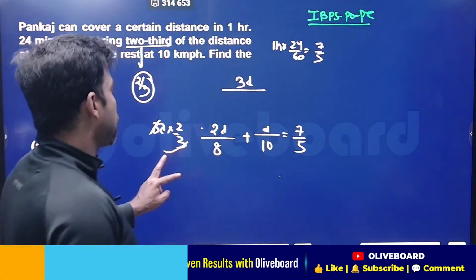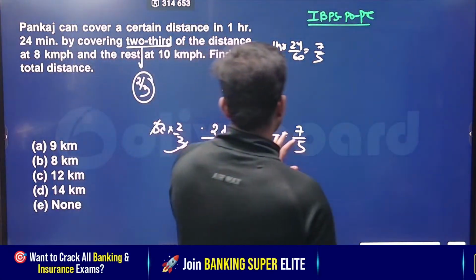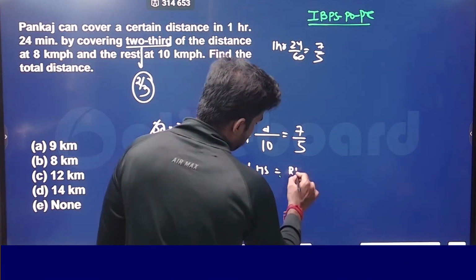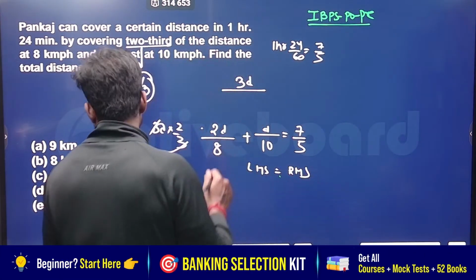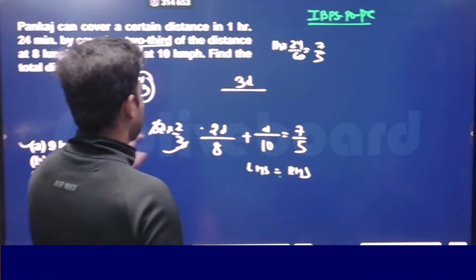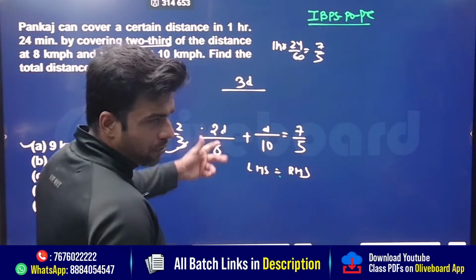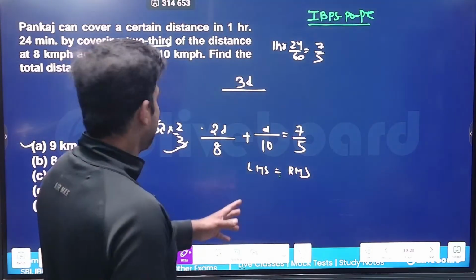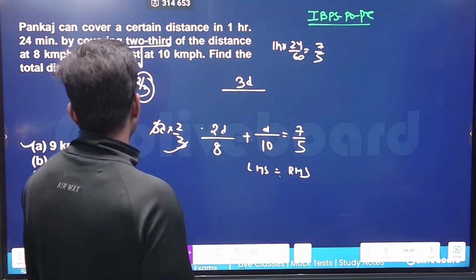Now two things you can do. Either you can put LHS equals to RHS, taking the options one by one and putting the value. And now it's very logical that 9 cannot be your answer because 18 by 8 would not give you the integer value. So you should be very fast. Now can I go for 12?